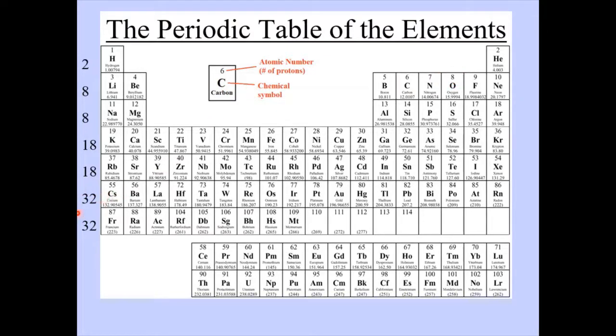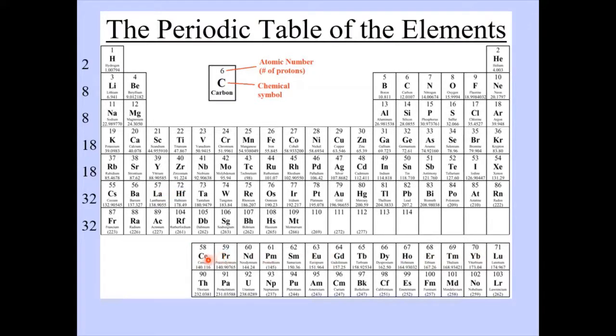So let's go back down to this row that has 32 elements in it. Notice we start here with cesium 55, barium 56, lanthanum 57, but then look, it jumps to 72. So what happened to 58 through 71? Well, they're down here.